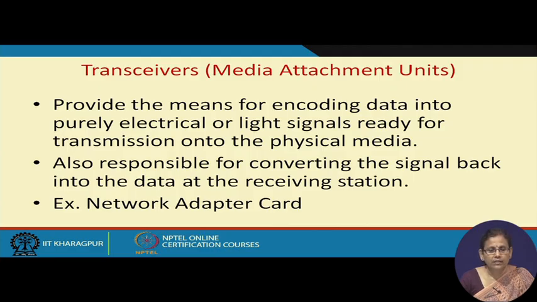First one is a transceiver. It provides the means for encoding the data into electrical and light signals, ready for transmission onto the physical media. You can have different kinds of physical media: coaxial cable, optical fiber cable. Depending on the type of media, the data needs to be changed into signals.